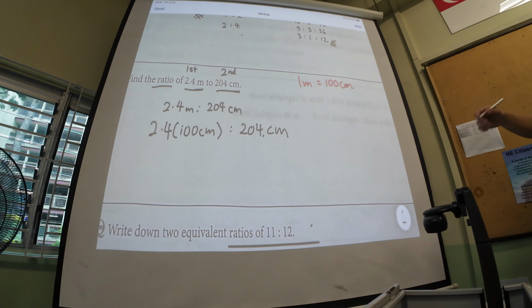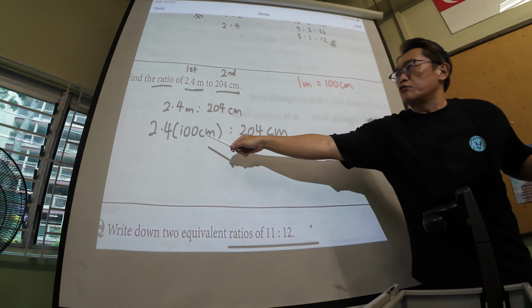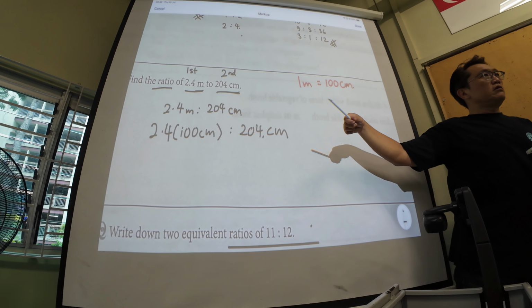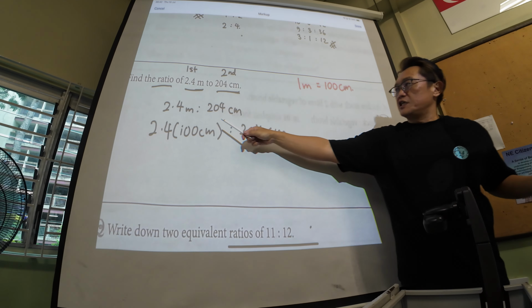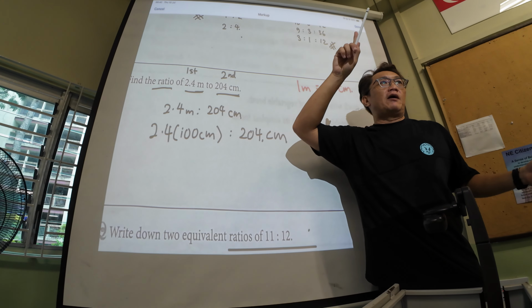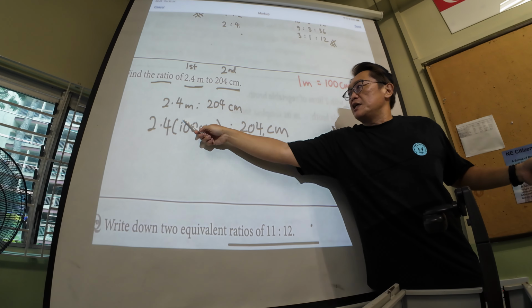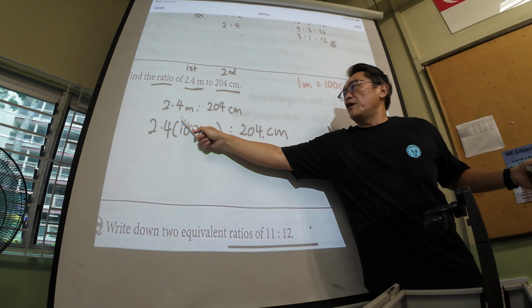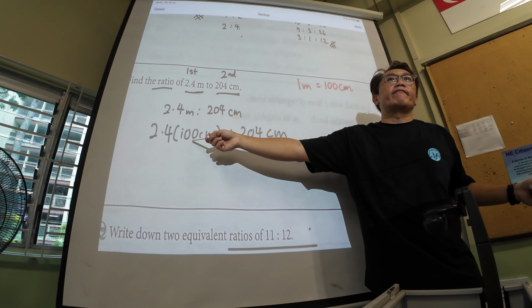If you know your conversion very well, you don't need to write this bracket, it is okay. But if you are still picking up on this conversion, 2.4 meter is 2.4 times of 1 meter. Then every 1 meter is 100 cm. That's why 2.4 times 100 cm.